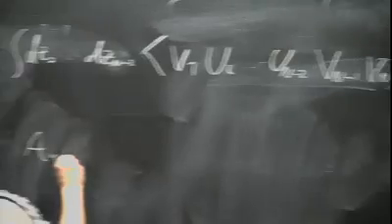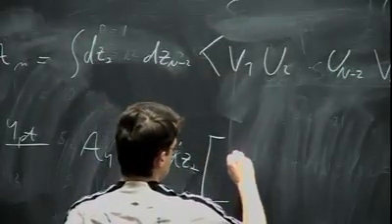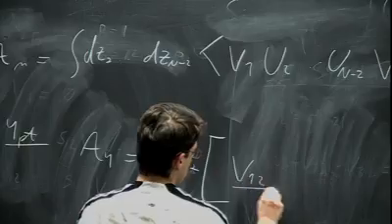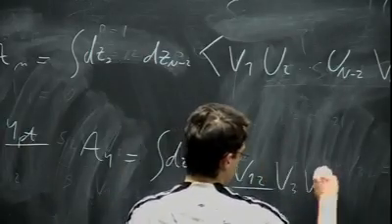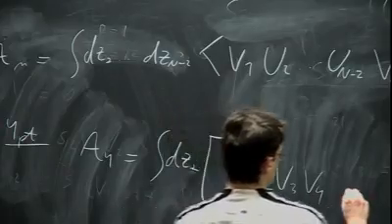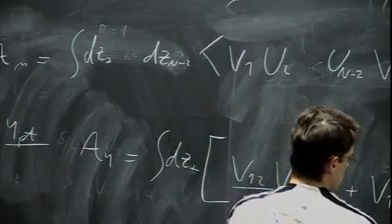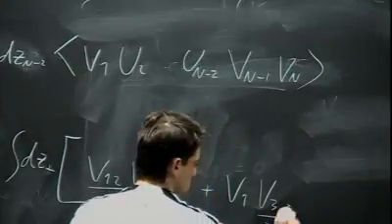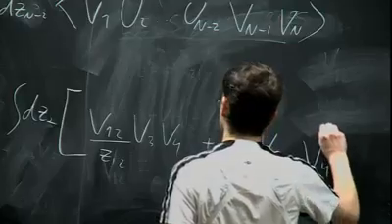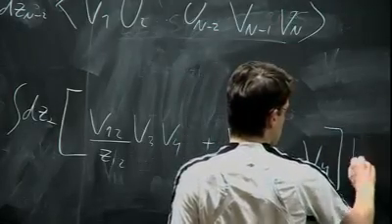And the result was the following. That was the integral over Z2, then V1,2 over Z1,2, V3, V4, plus V1, V3,2 over Z3,2, V4, and everything multiplying the Koba-Nielsen factor.